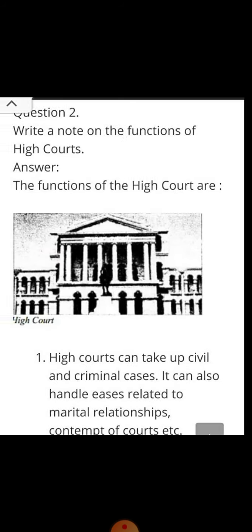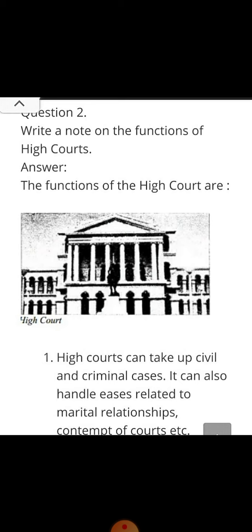Next, the functions of the High Court. The High Courts can take up civil and criminal cases. They can also handle cases related to marital relationships, contempt of courts, etc. The High Court gives judgments on criminal cases and decisions on marital relationships.